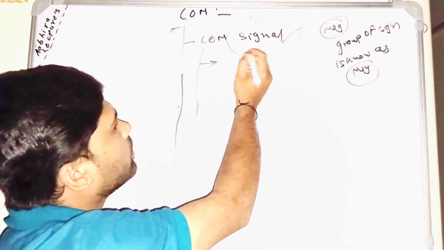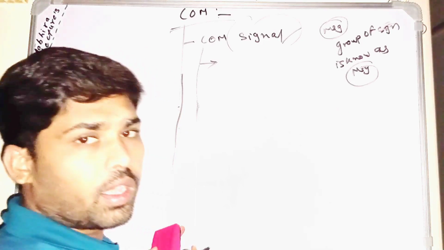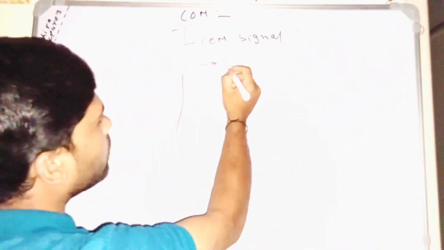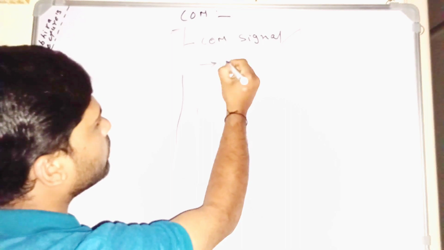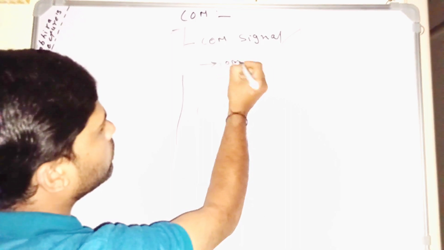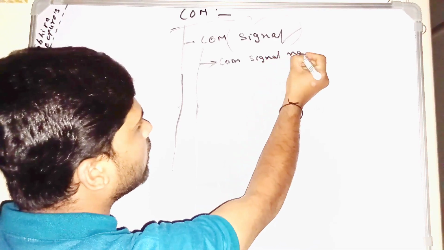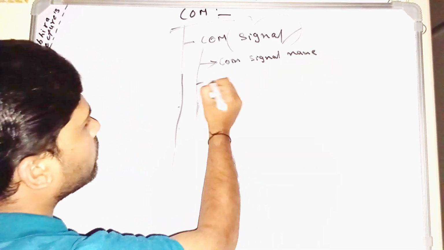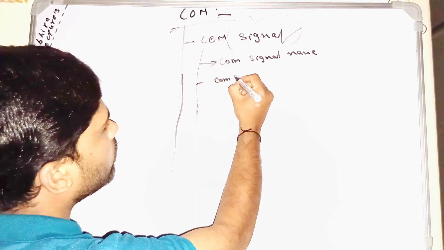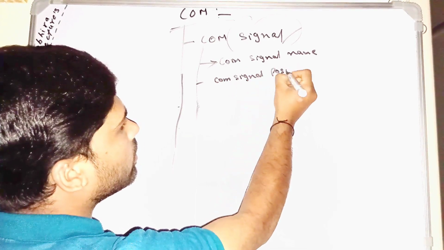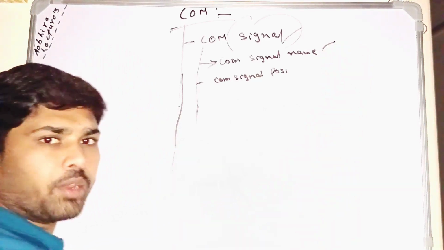So now here we will check the configuration parameters of COM signal. First will come COM signal name and COM signal position. What is the signal name which we have to give?